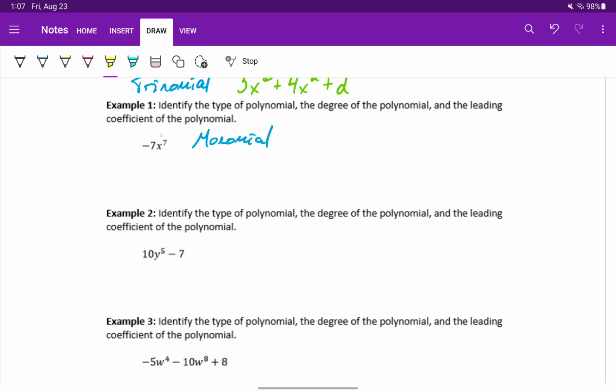Since there's only one term, the power that that term has is the degree of the polynomial. So this polynomial is degree 7. And the leading coefficient will be the coefficient for that term, which in this case will be negative 7.